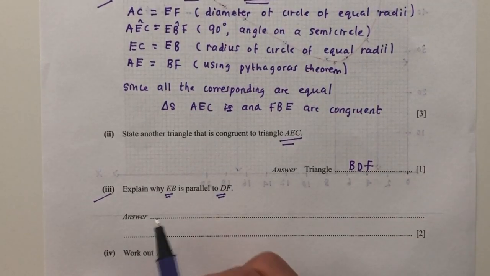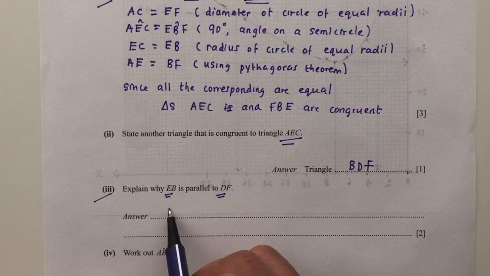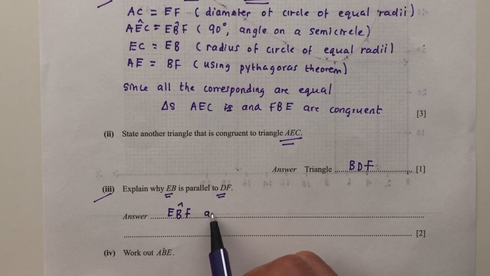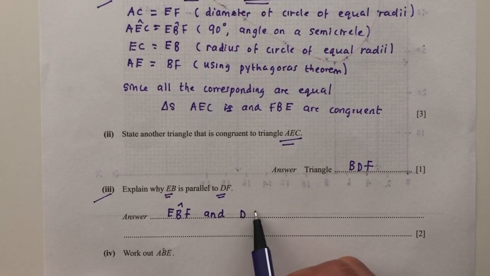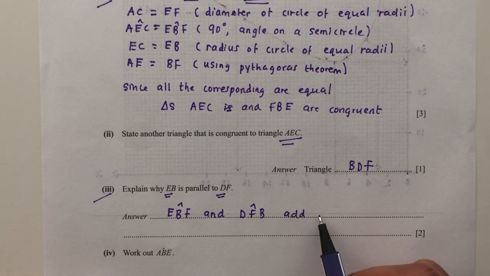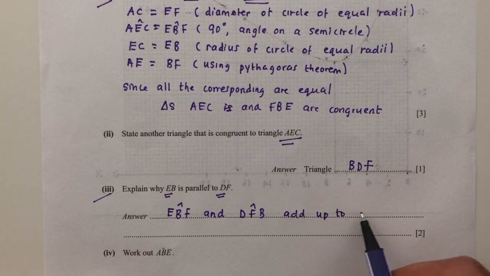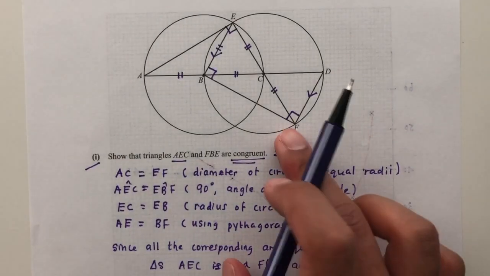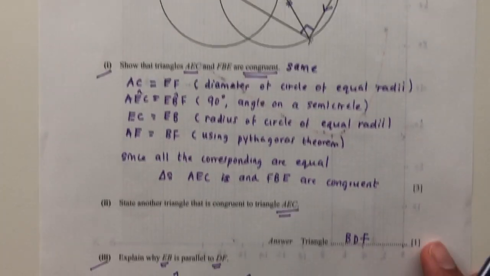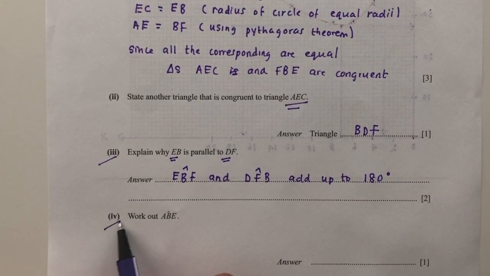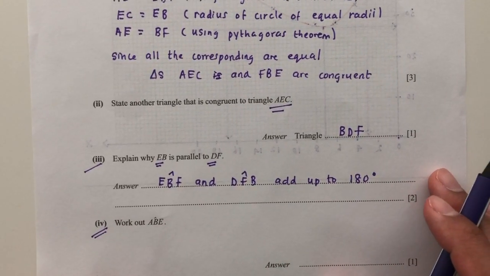So let's write this down. This is because angle EBF and angle DFB add up to 180. That's why they are parallel to each other. Now part 4, work out the angle ABE.